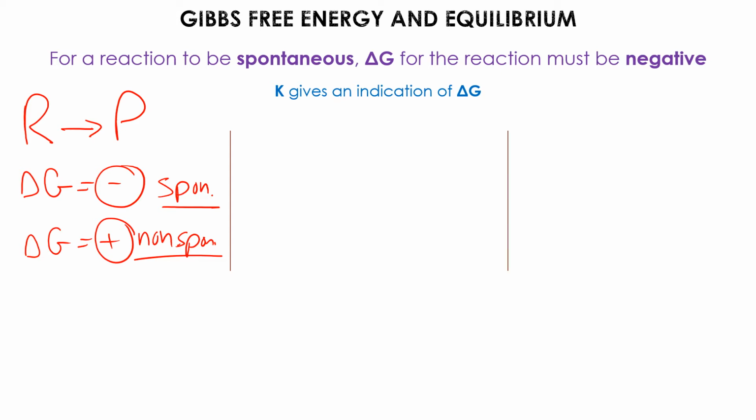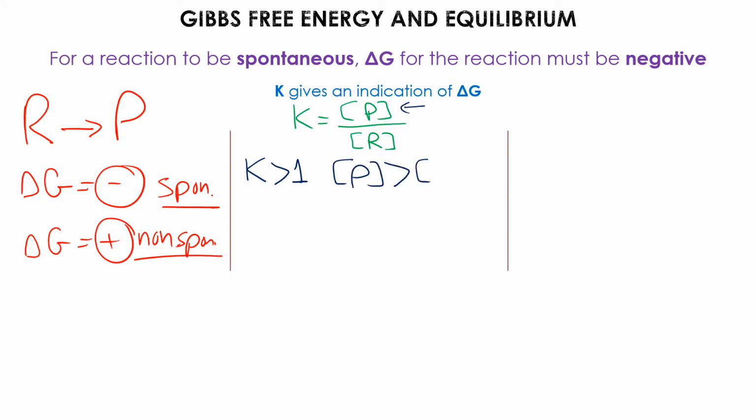Now we have to know that K gives an indication of delta G. How is this happening? We have said before that K is equal to the concentration of the products to the power of their coefficients over the concentration of reactants to the power of their coefficients. So if we have K higher than 1, it means that the concentration of the products is much higher than the concentration of the reactants, which means that the reaction is proceeding from the reactants toward the products smoothly or without any external factor, an indication for how easily the products are formed.